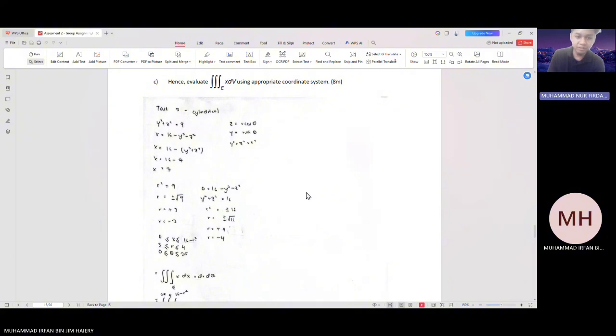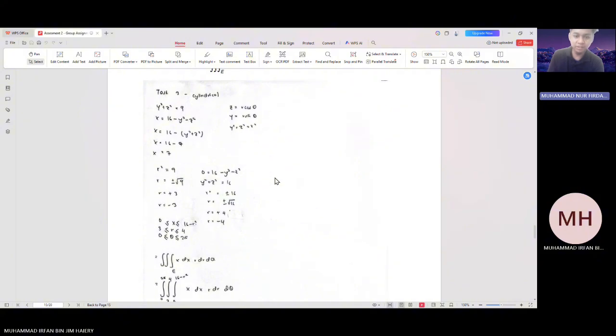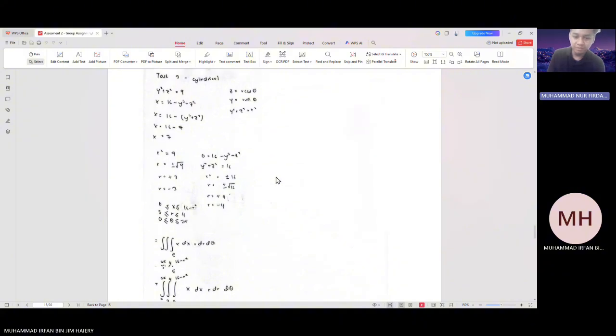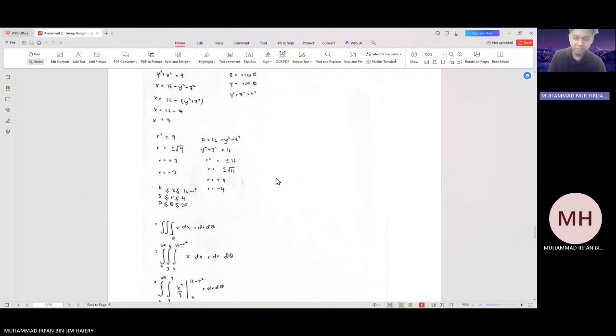Then we form the triple integral in cylindrical coordinates by substituting the variables, and we integrate with respect to z, followed by r and finally theta. After simplifying the result, we obtain the final answer shown in the solution. Therefore, this completes task 3, and the answer is 343 times 2 pi over 12.